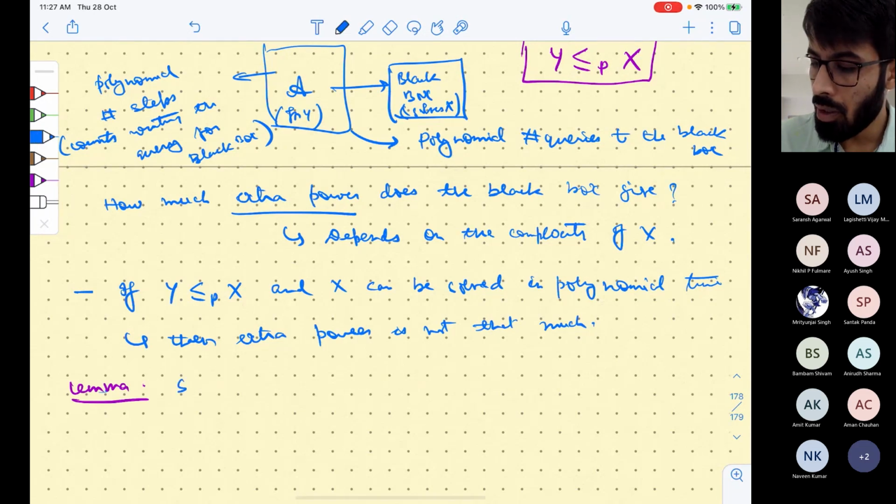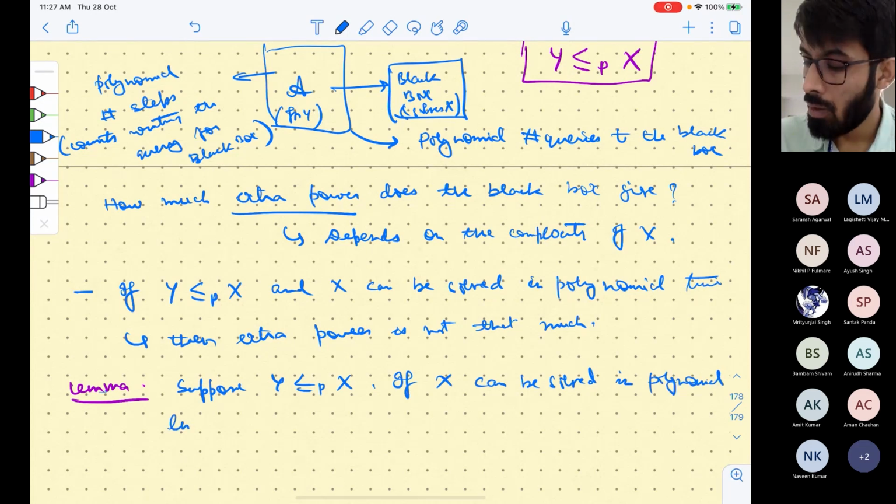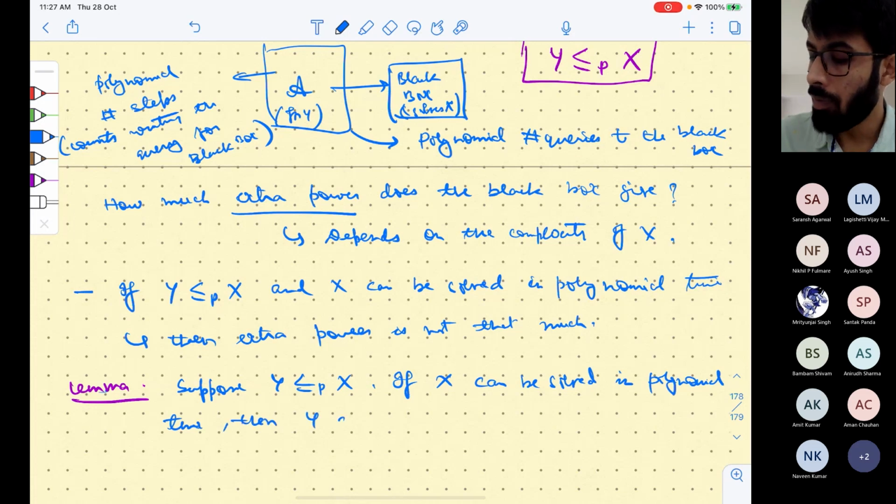Suppose Y polynomial time reduces to X. Then if X can be solved in polynomial time, Y can be solved in polynomial time.